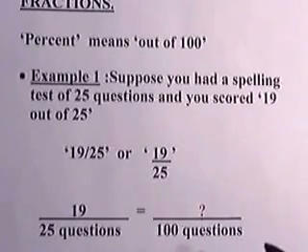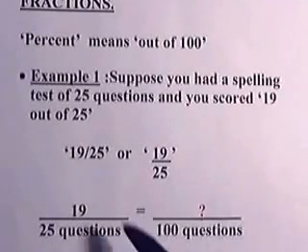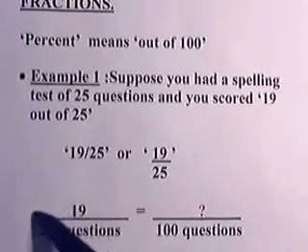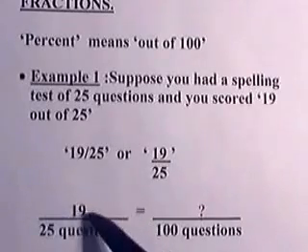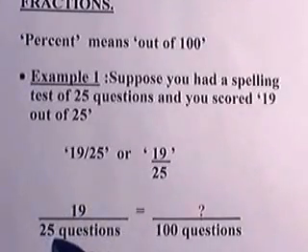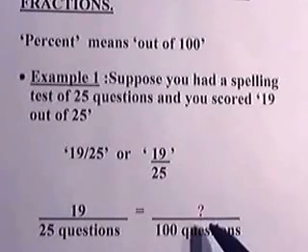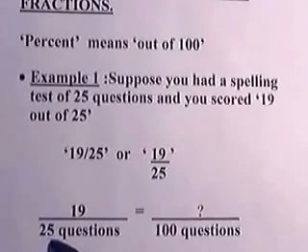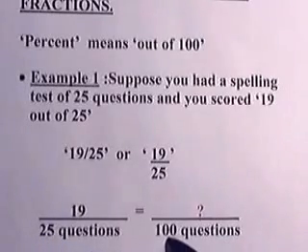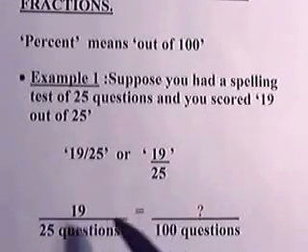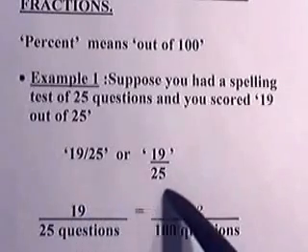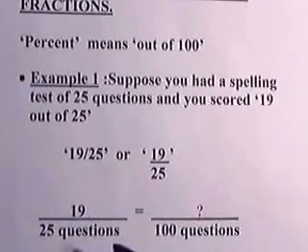That is basically what percentage is doing. It's transforming this 19 out of 25 questions into some number out of 100 questions. And so we need to know how many times we would increase 25 by to get 100, and we would do the same thing with the 19. We'd increase that by the same amount.